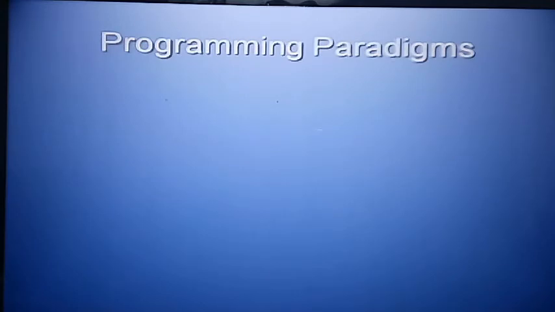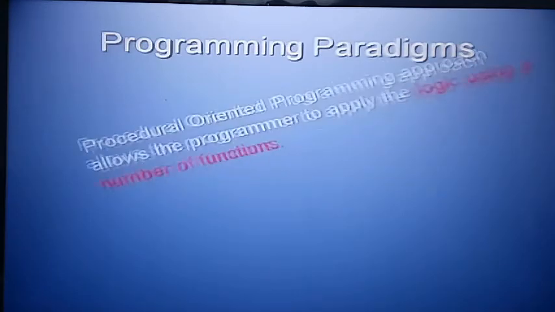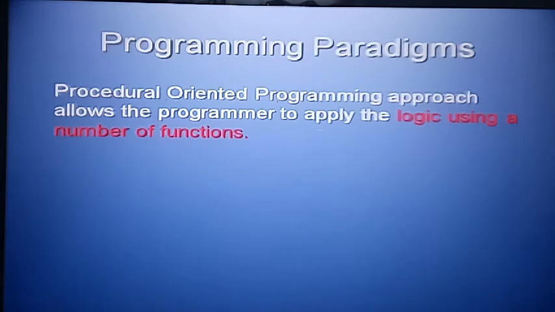After that I will discuss programming paradigms. The procedure oriented programming approach allows the programmer to apply the logic using a number of methods. It means before OOPS, object oriented programming, you always wrote source code in procedures.